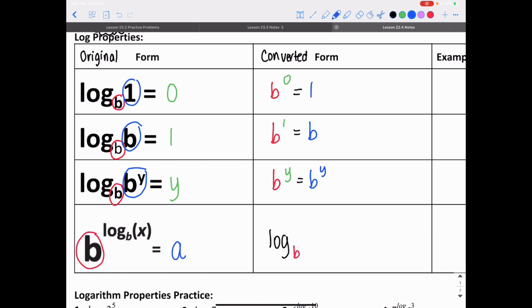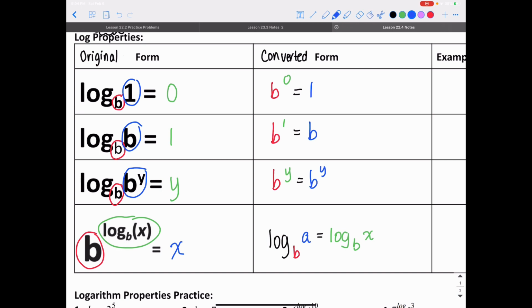Inside of the logarithm is going to be a, and that's equal to, on the other side, my exponent, log base b of x. If I want the left-hand side to equal the right-hand side, what does a have to be equal to? Well, log base b of a is equal to log base b of x. A is x, so I'm going to erase a here, and instead I'm going to write x.